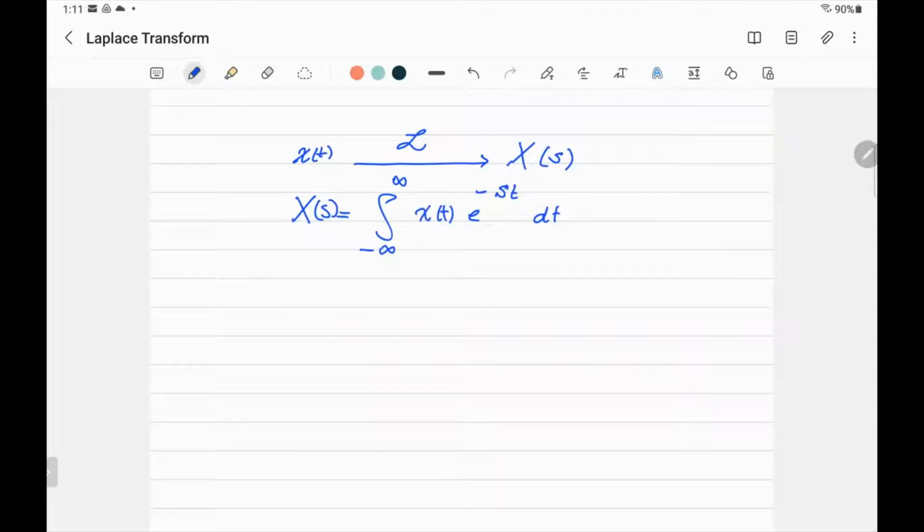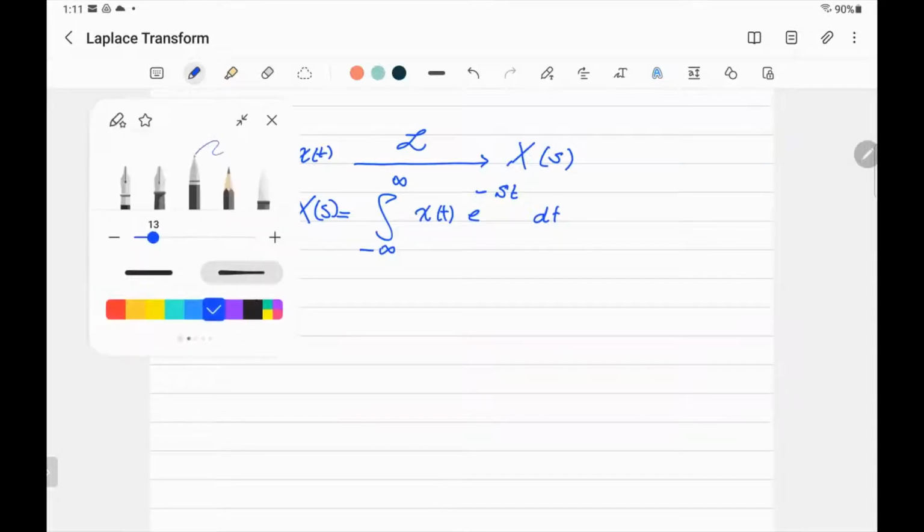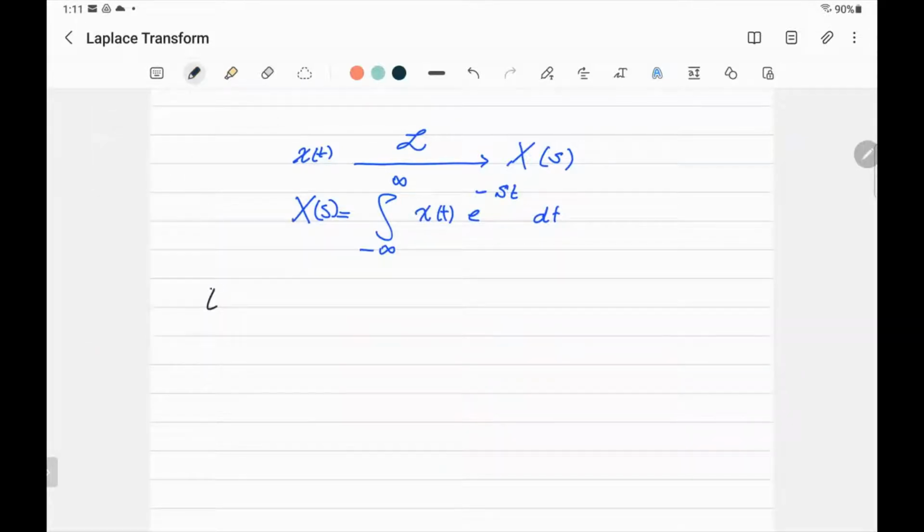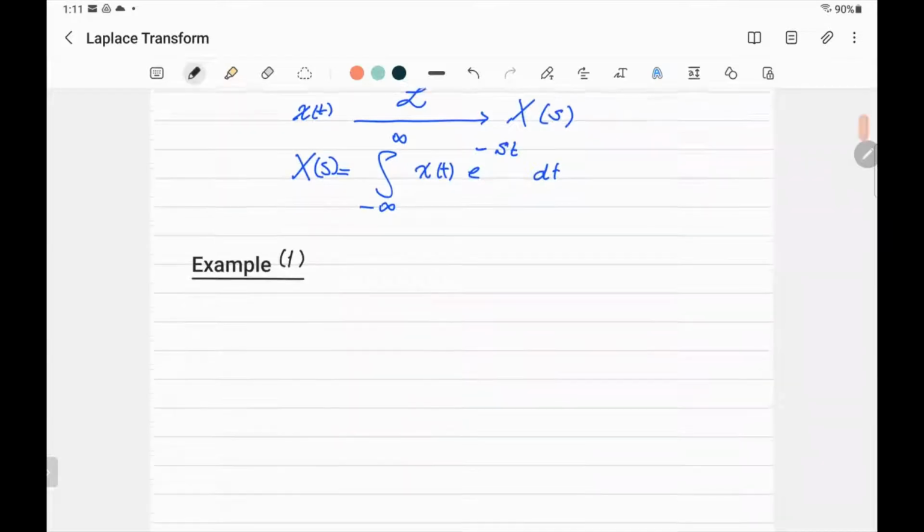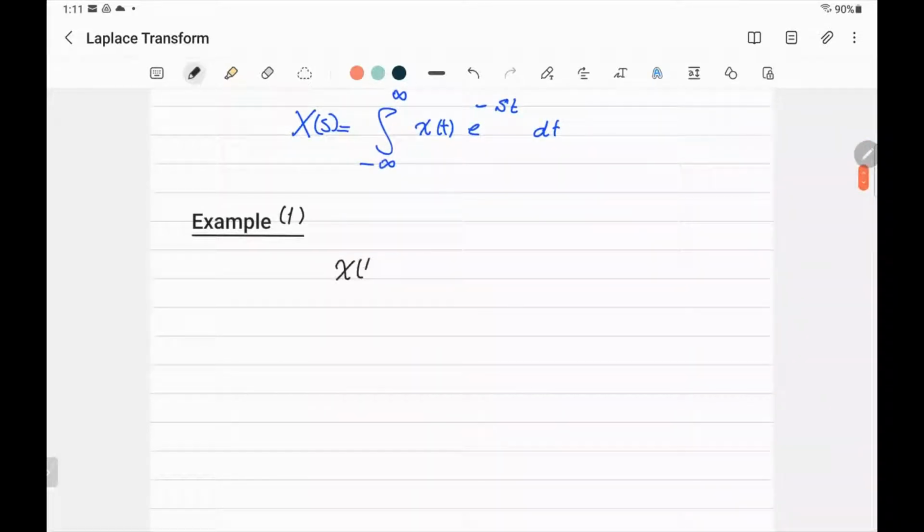Okay, let's take an example of how we apply this. We'll take our favorite example, the exponential. Let's say x of t is equal to e to the power of minus a t, times u of t.